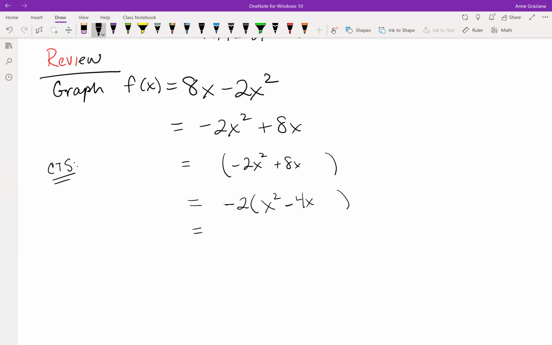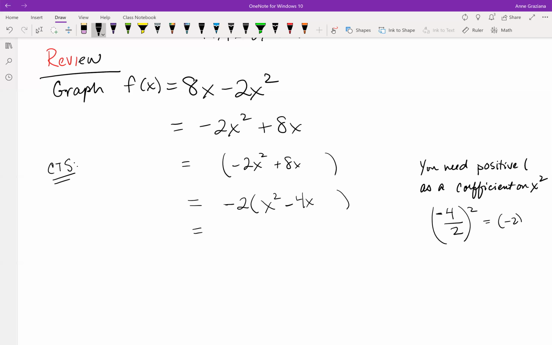Just a reminder that you need a positive 1 as a coefficient on x squared, okay? All right, so now what we're going to do is take this middle term, -4, divide by 2, and then square it.